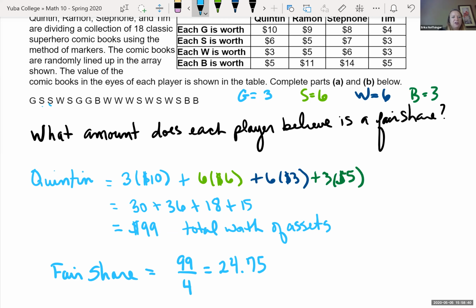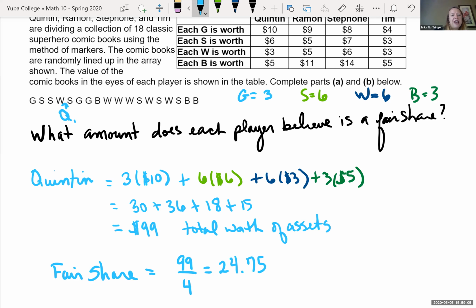That's $25, and that's close to his fair share. So I believe Quentin would put his first marker right after that W. So maybe we can put Q for Quentin.